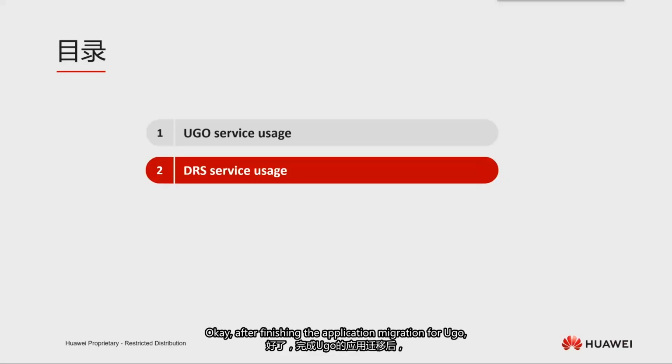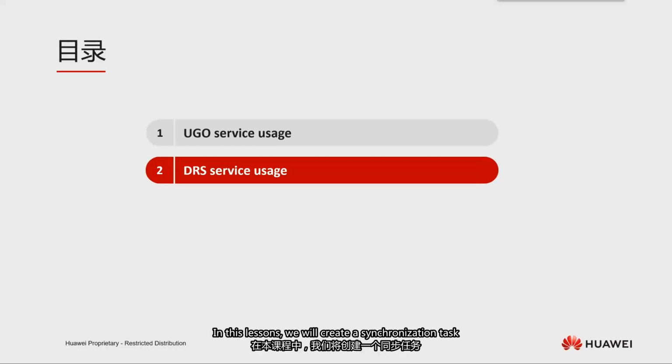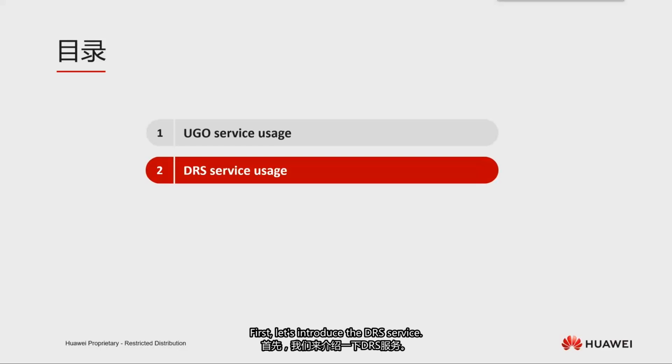Okay, after finishing the application migration for UGO, let's take a look at the third section, which is the operation demonstration for DIS service. In this lesson, we will create a synchronization task from Oracle to GovDB on the DIS console to show you how to use the DIS service. First, let's introduce the DIS service.